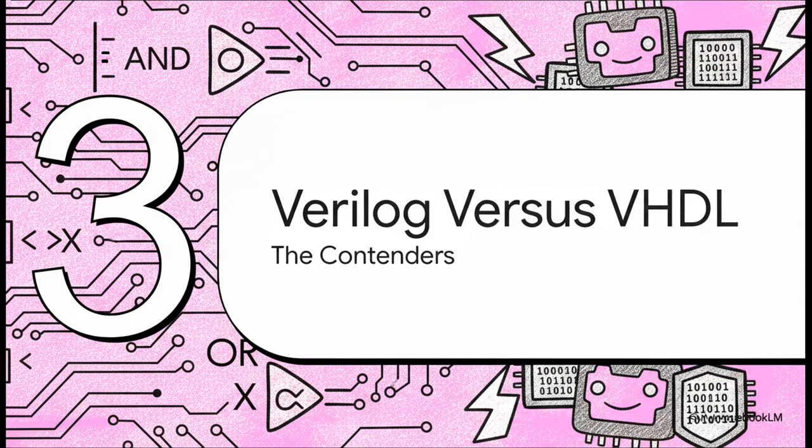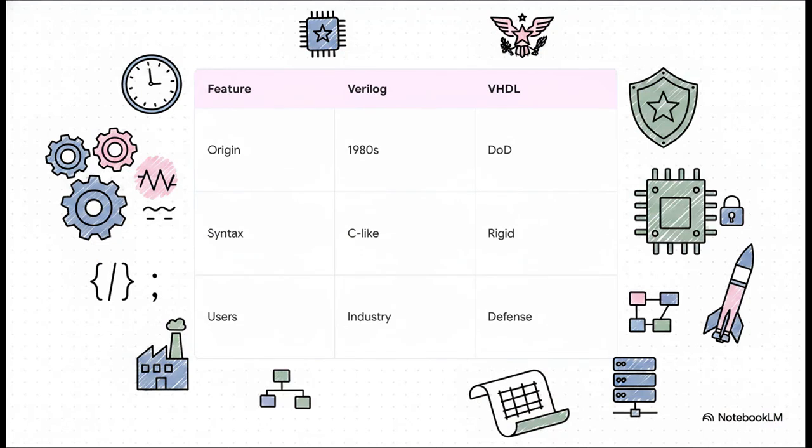Let's jump into Section 3, Verilog versus VHDL, the heavyweights of the industry. Both of these languages allow engineers to describe massive parallel systems, but they've got very different flavors. Verilog popped up in the 1980s, and its syntax was deliberately designed to resemble the C programming language. Because of that, it's heavily utilized in the commercial semiconductor industry.